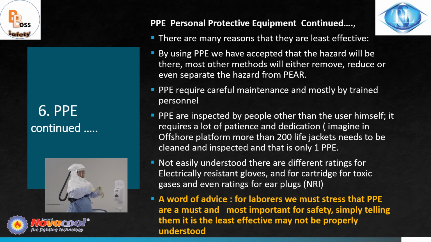There are many things that we don't know about PPE. You have a cartridge mask for a certain vapor or gas, and you are going to use it, but you don't know what's happened to that cartridge, if the material inside is spoiled, damaged by heat or humidity, right? Breathing apparatus is a very good example.